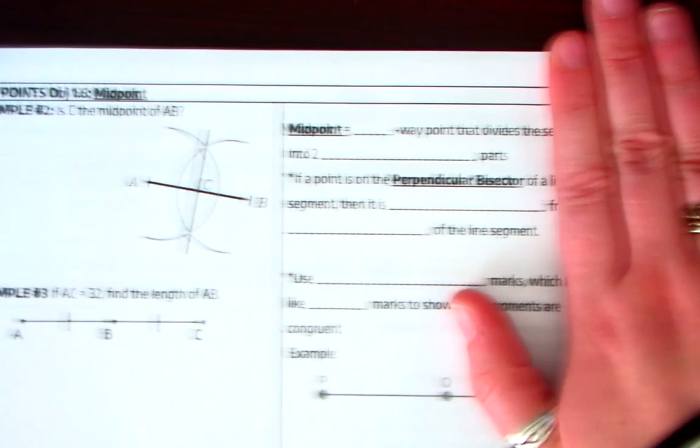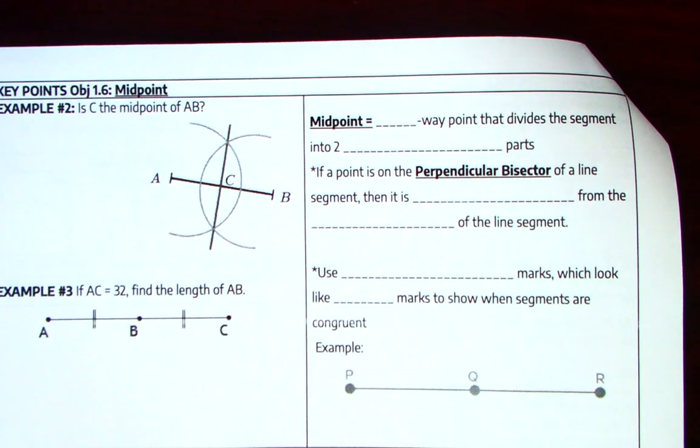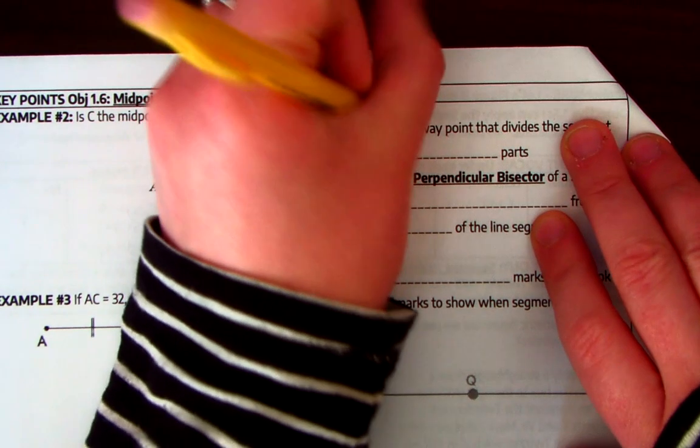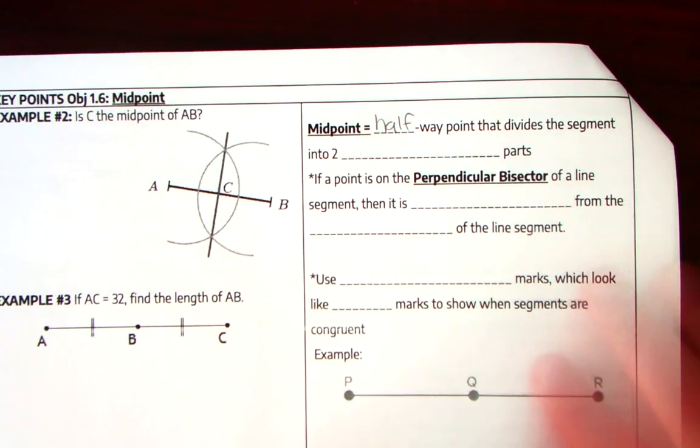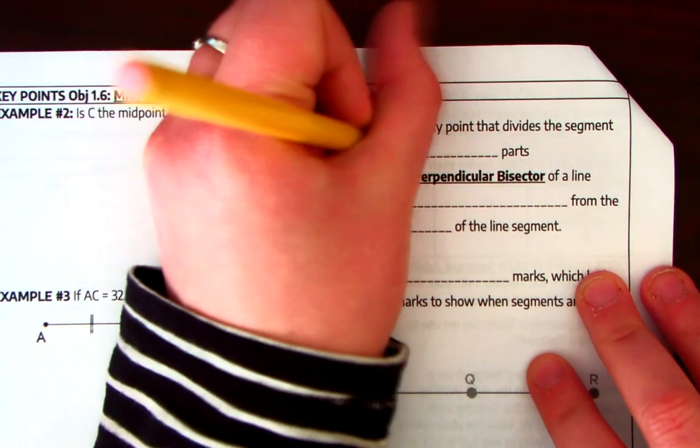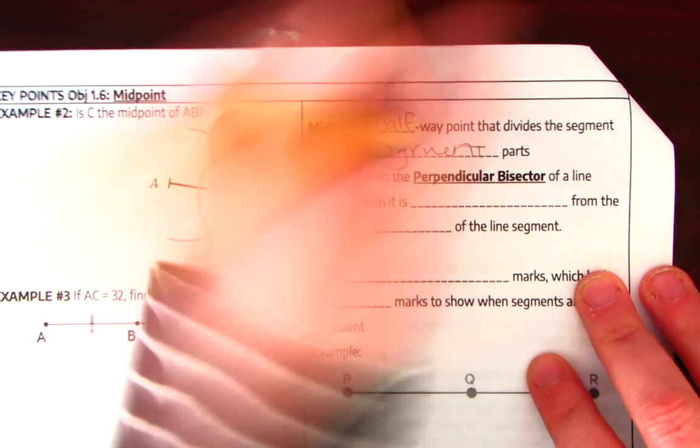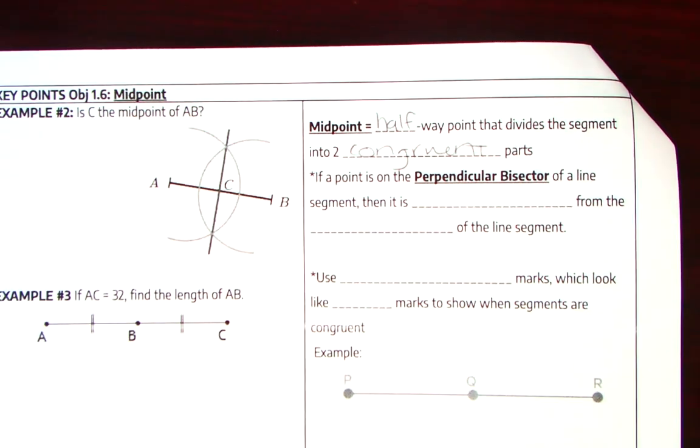Now, if we have a midpoint on our segment, then the thinking can be a little bit different. A midpoint is a halfway point that divides the segment into two congruent parts, so two parts that are the same size and shape.